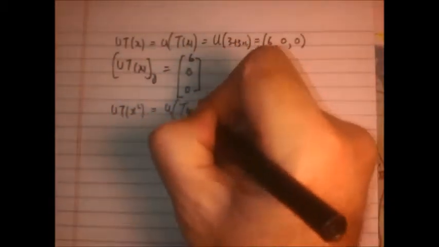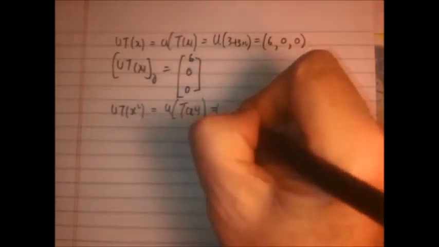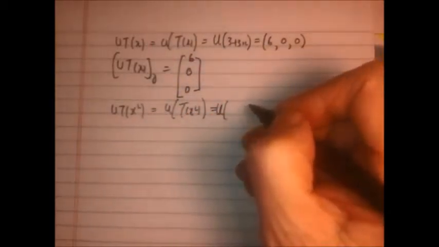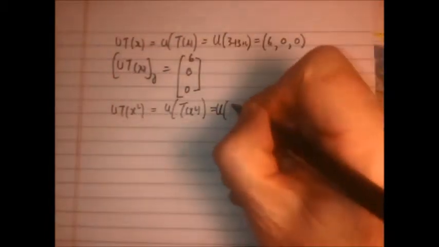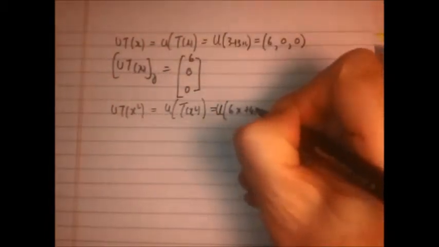Okay, so next we work out UT of x squared, which is U of T of x squared. Now before we computed T of x squared to be 6x plus 4x squared.